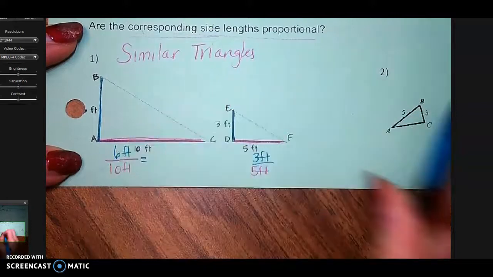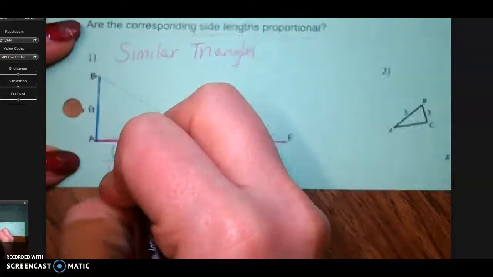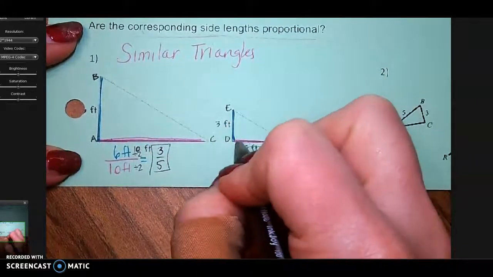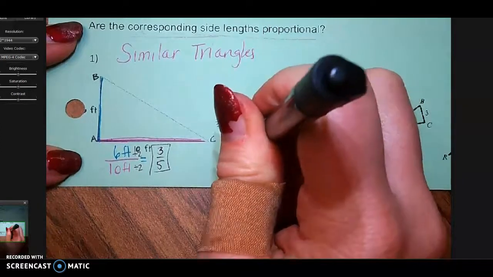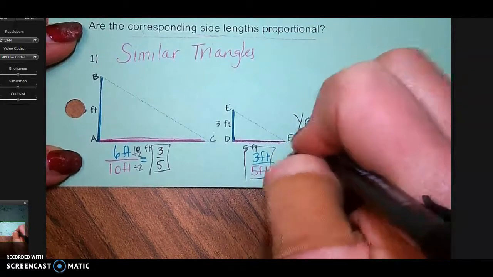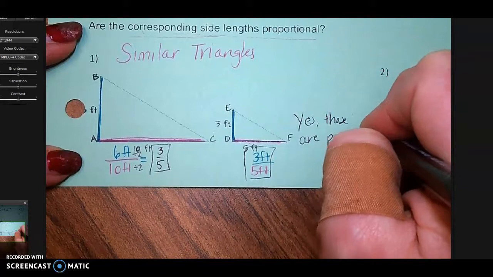Well, this can reduce down to 3/5 if I divide them both by 2. Since they have the same ratio of the short side to the long side, then yes, these are proportional to each other.